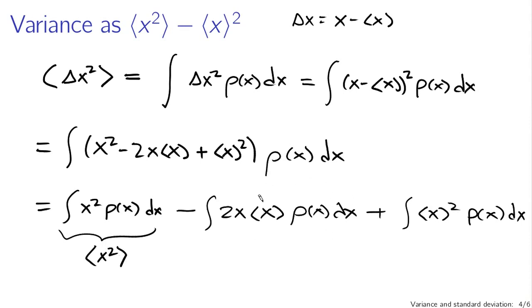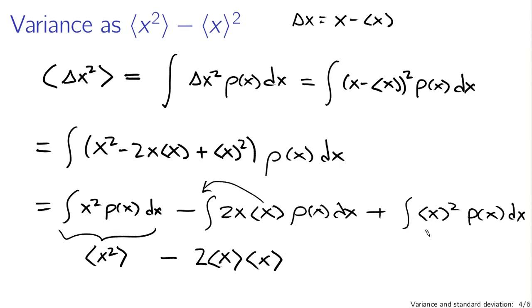This integral, I can pull this out front since this is a constant. This is just a number. This is the expected value. So this integral is going to become 2, I can pull the 2 out of course as well, 2 times the expected value of x, and then what's left is the integral of x rho of x dx, which is just the expected value of x.